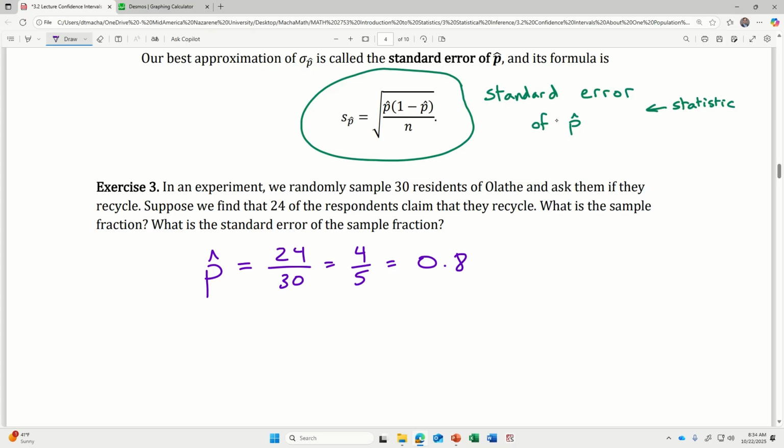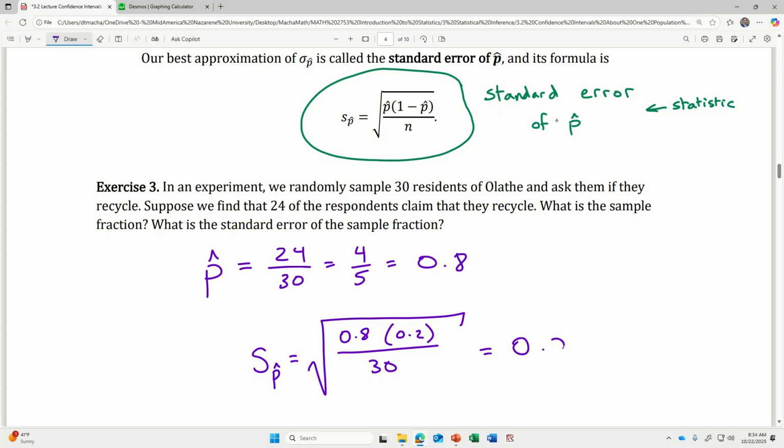And then we ask, what is the standard error of the sample fraction? That number is the square root of 0.8 times 1 minus 0.8 divided by n. So on my calculator, I'm going to type in square root of 0.8 times 0.2 divided by 30, close parentheses. I get 0.07303.